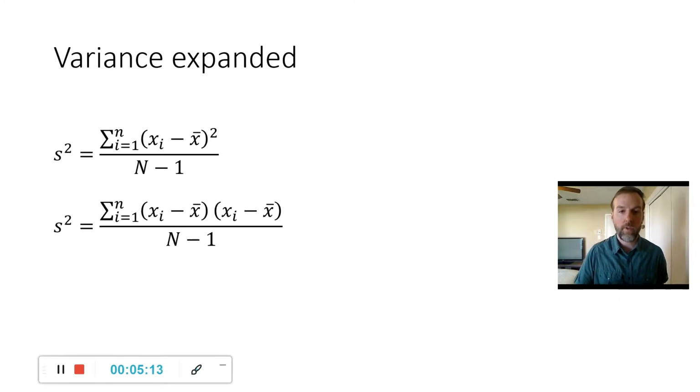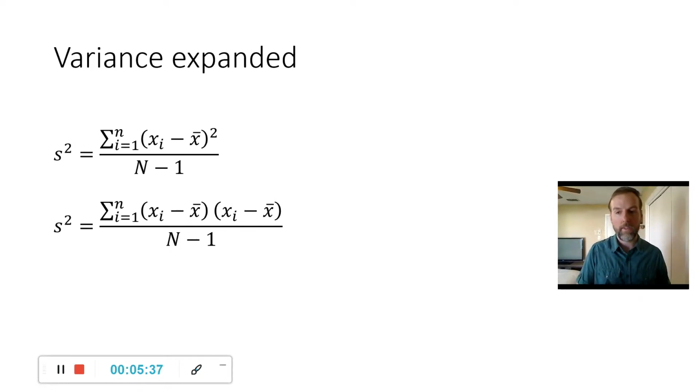Let's redraw this formula so it's still squared, but we draw what's in the brackets twice. This is the same as squaring it, but here we've drawn it out twice in a row. We take a value, subtract the mean, and multiply that by that same value minus the mean, and that gives us our variance.